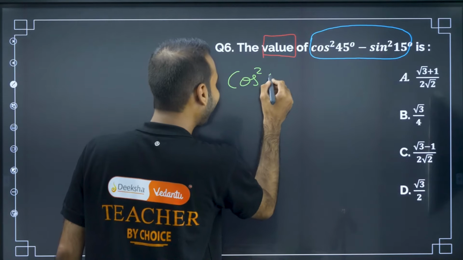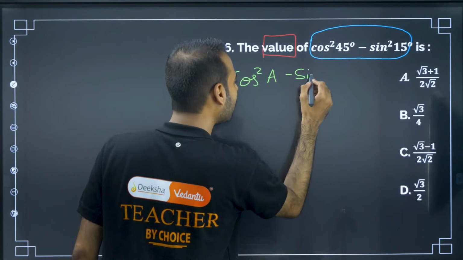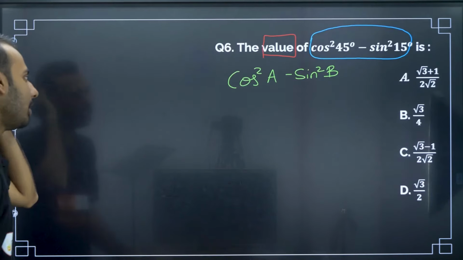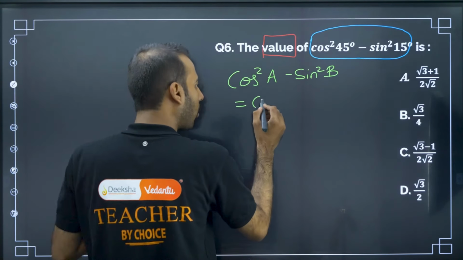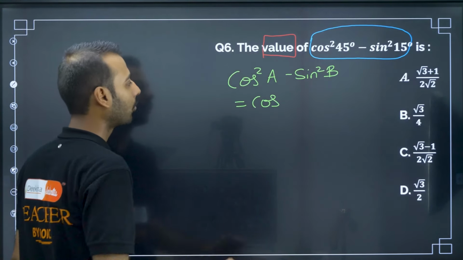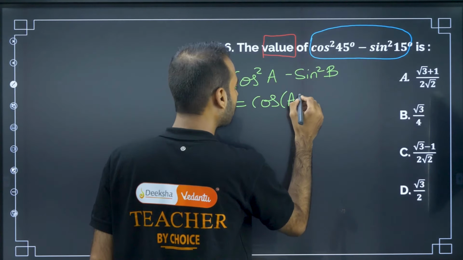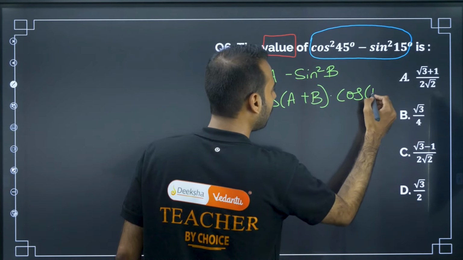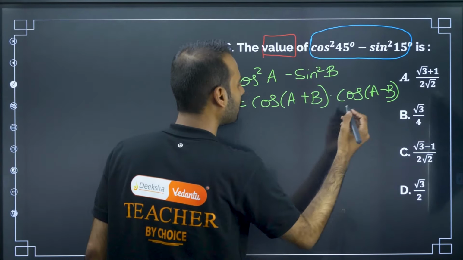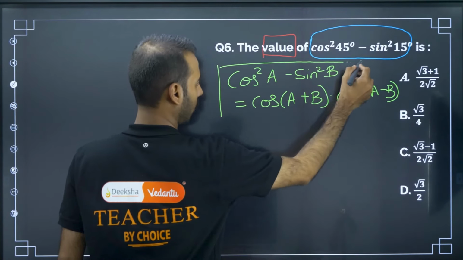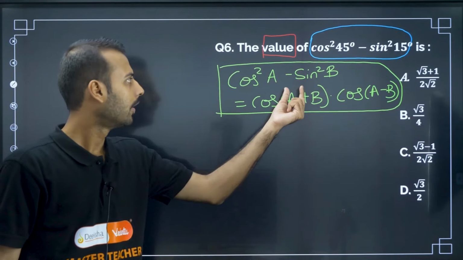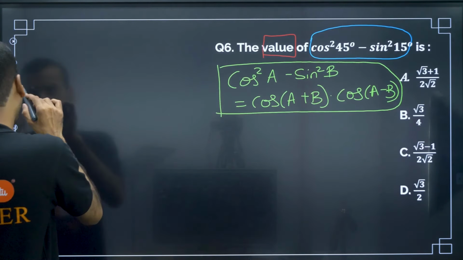Cos square a minus sin square b is equal to cos of a plus b into cos of a minus b. This identity is standard. You call this a formula. Now I am using this to solve this problem.